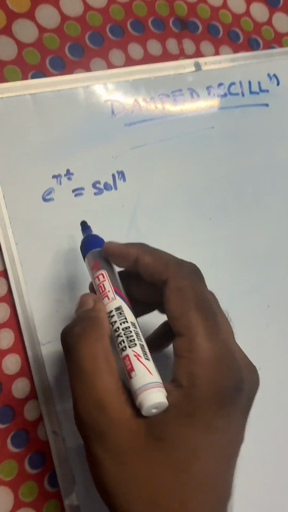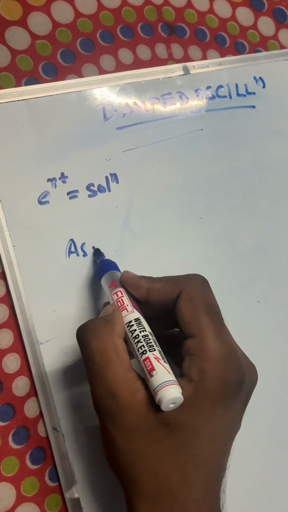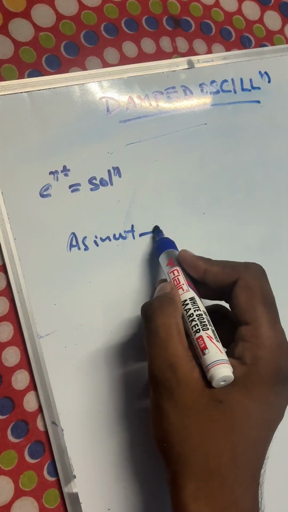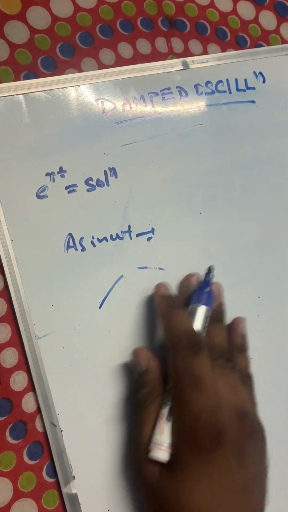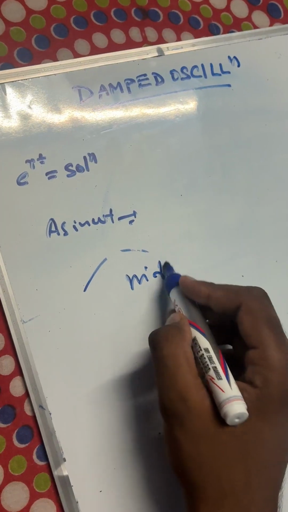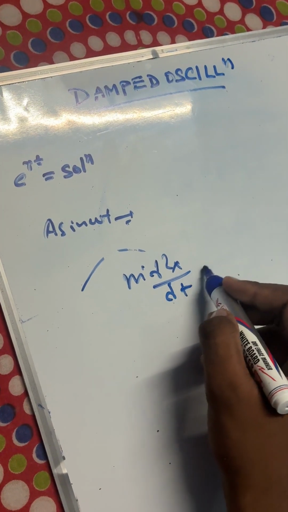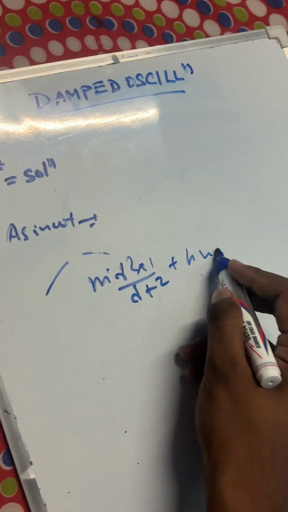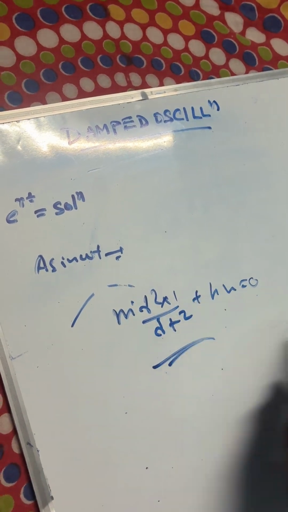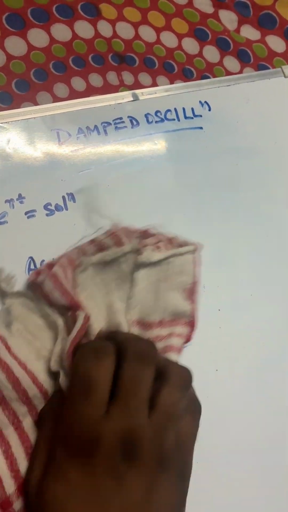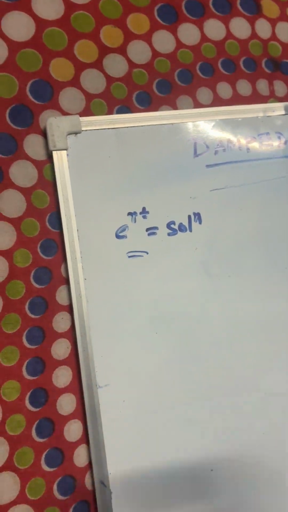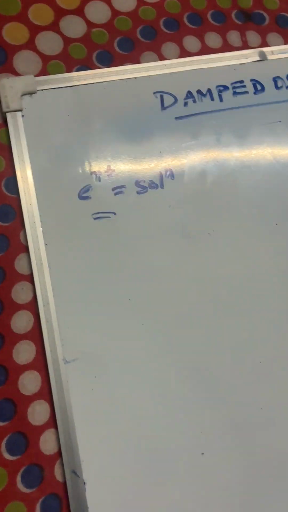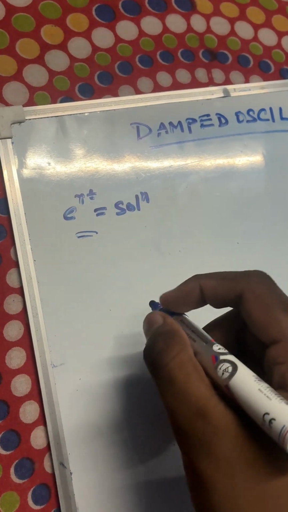In SHM also we have learned that we take a sin omega t as the general equation, and we put it in the equation m d square x by dt square plus kx equals 0, and solve it to prove whether it holds true or not. It holds true, so here also we will take e to the power rt as its solution. We're assuming a solution of this form.